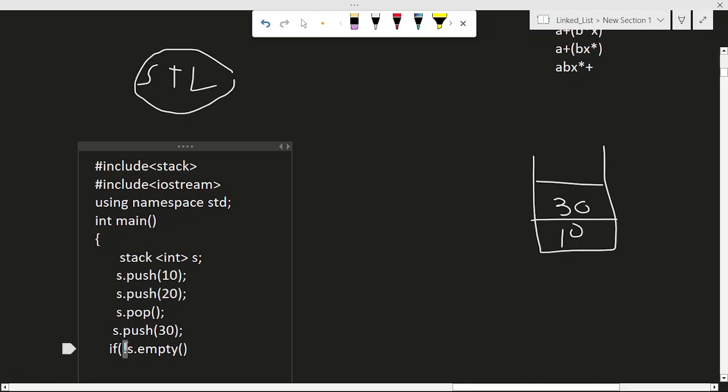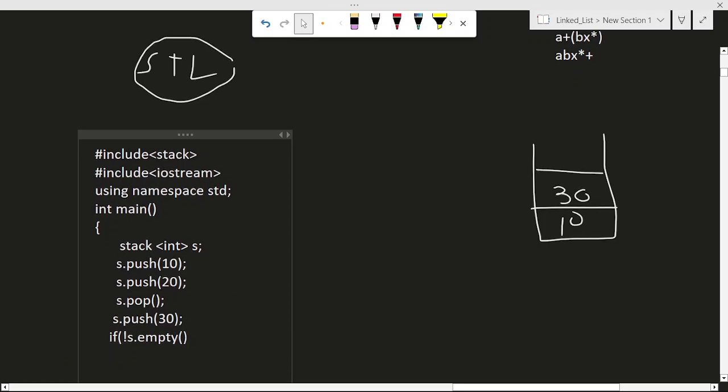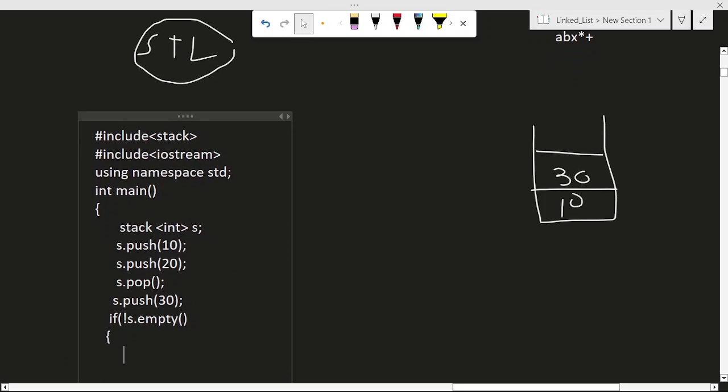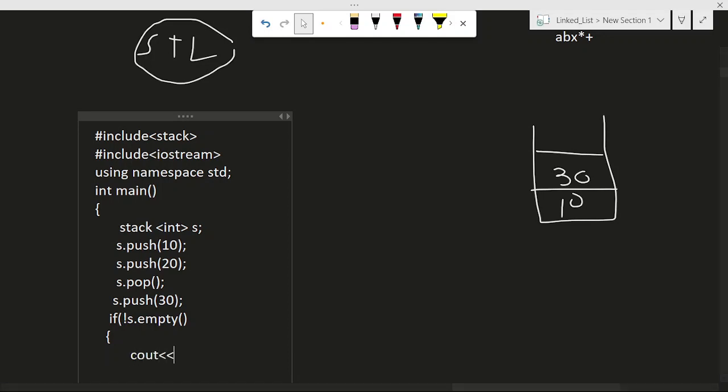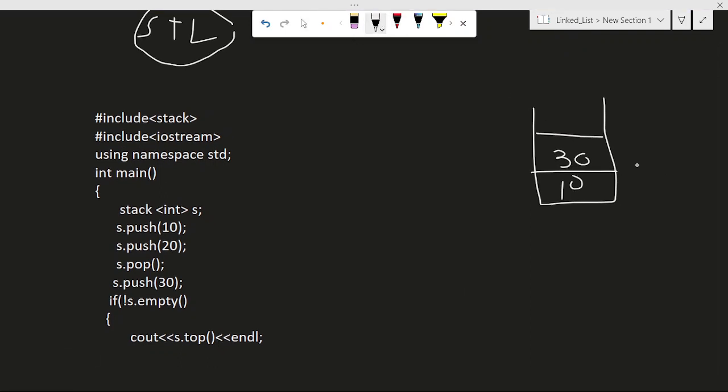For that I need to use this operator. So if it is not empty, you need to print out the element which is at the top. So yes.top() I will give, that's it. If I do this, the element which is at the top will be printed. That element is 30, so I will be printing 30.